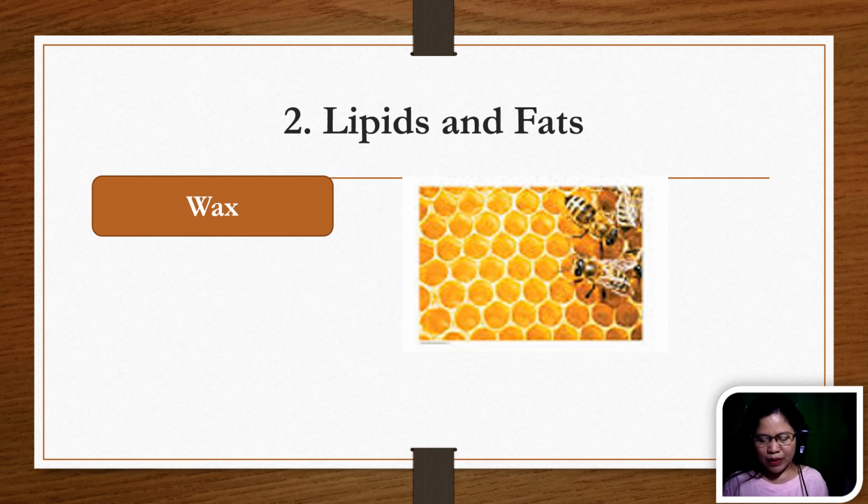Aside from that, they are esters of fatty acids with a long chain of monohydric alcohol and 1 hydroxyl group. So basically, waxes are esters made of an alcohol chain and a chain of fatty acids.